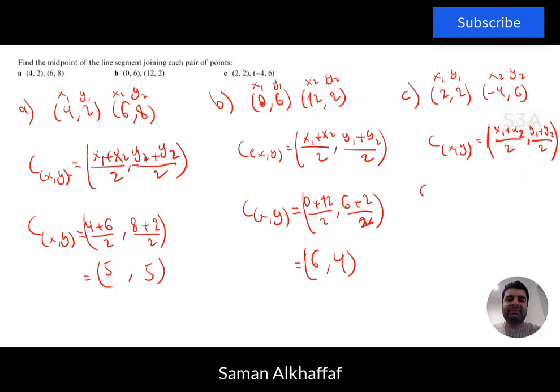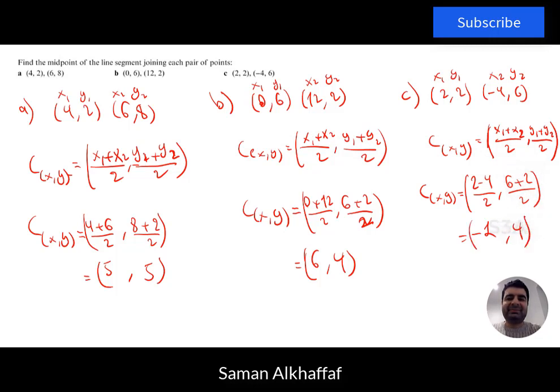So now to find the midpoint, we would have 2 minus 4 over 2, and we have 6 plus 2 over 2, so that would give us -2 over 2, which is -1, and also 8 over 2, which is 4.